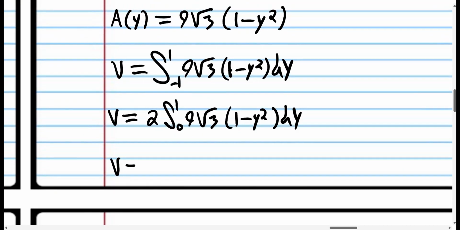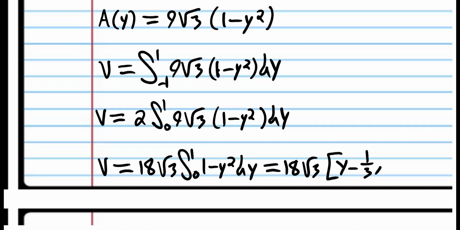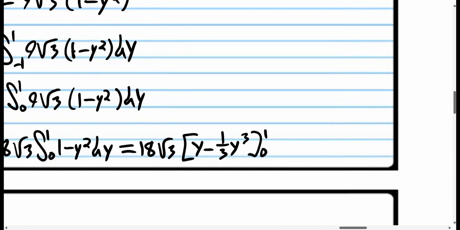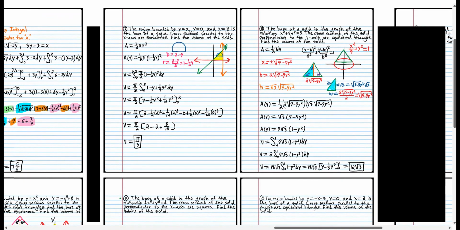So I'm going to take out that constant. So we have 18 root 3 times the integral from 0 to 1 of 1 minus y squared. And then we're going to integrate. And we don't have a lot of room here, so looks like we're going to get 12 root 3. So there's another example of a dy integral problem.